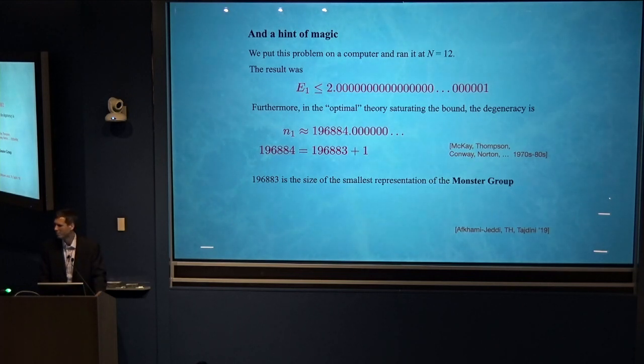It's showing up as a surprise. It's happened before in other areas of math and physics. And here we see it happening again, that we were just trying to look at these black holes and understand how heavy they could be, and out came this number mysteriously associated to the monster group.